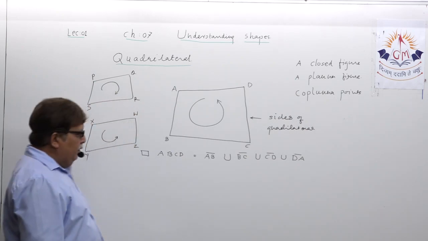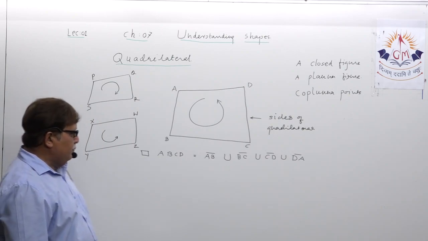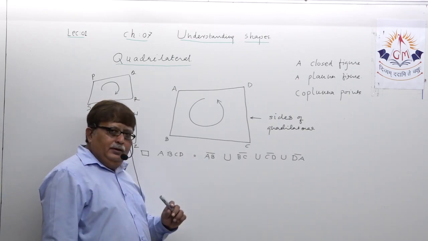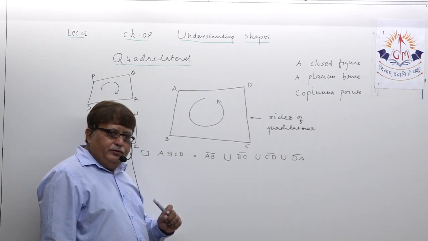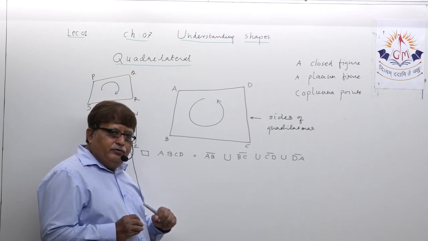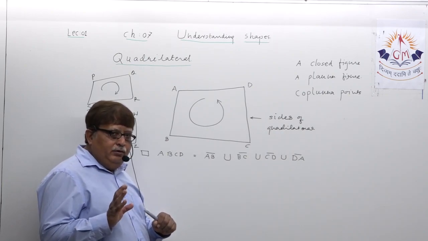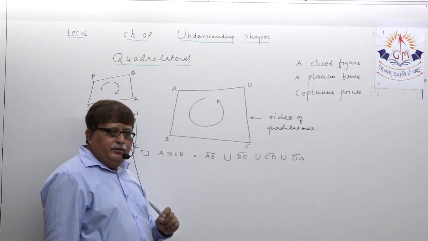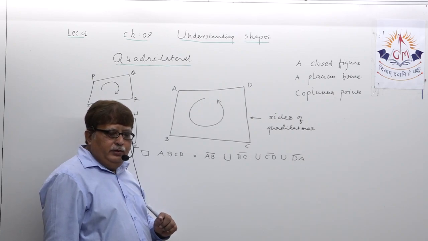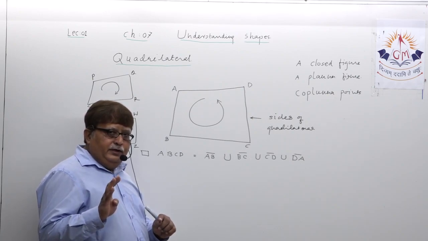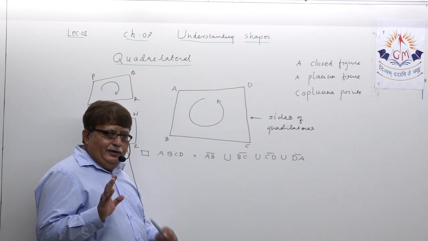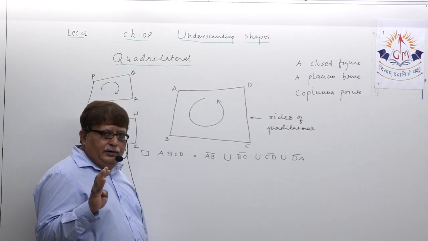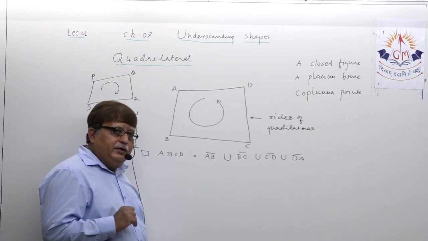Okay. Now one more thing. Let us discuss types of sides in detail. We all know very well that a quadrilateral is a closed figure formed by four sides. That we know, that quadrilateral has four sides.